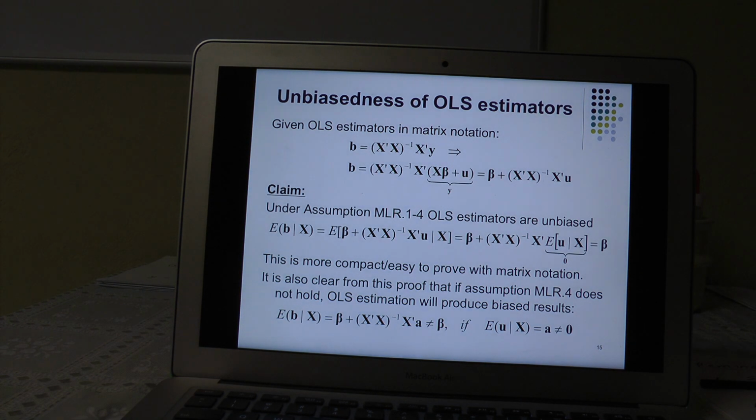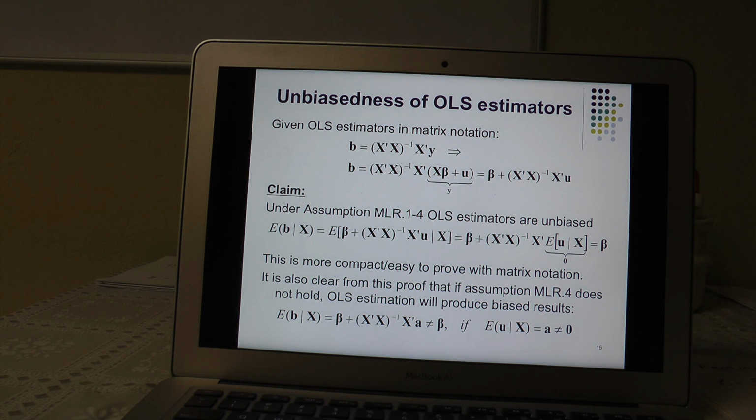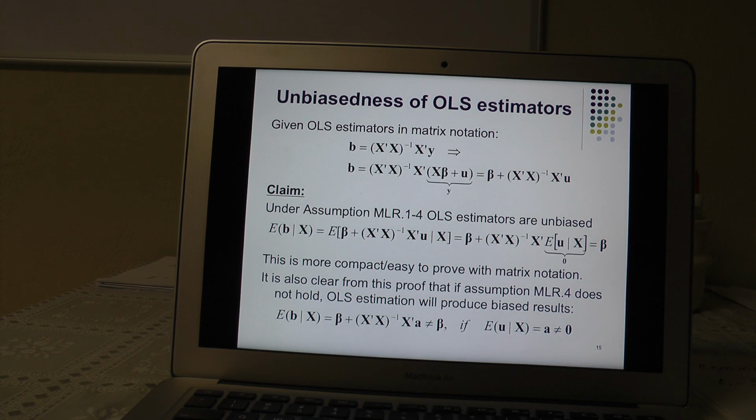Continuing on. Now here are the important results that we proved in our before-matrix-algebra life, and I will go through them and show how very quickly you can prove the same things using 1 or 2 lines of matrix algebra. Back in time, we talked about unbiasedness of OLS estimators.